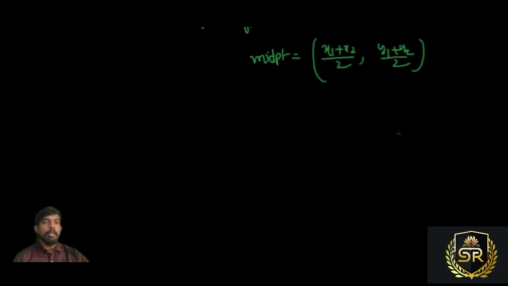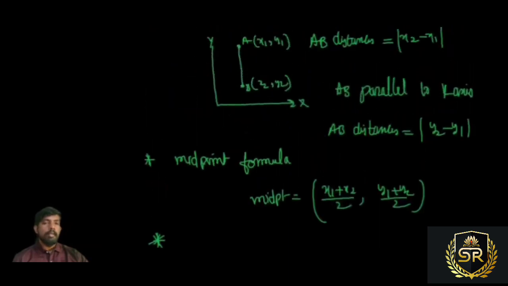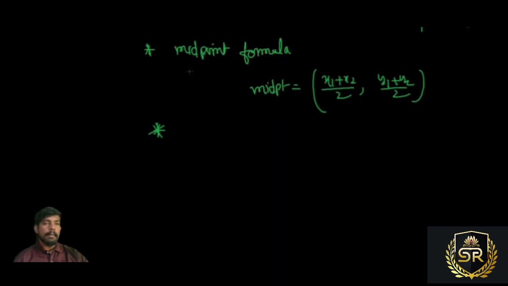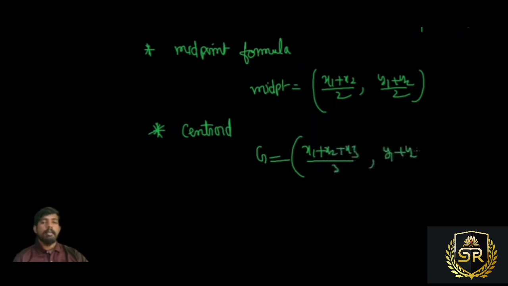Next we discussed the centroid formula. Centroid G is equal to x1 plus x2 plus x3 by 3, y1 plus y2 plus y3 by 3. This is the centroid formula.